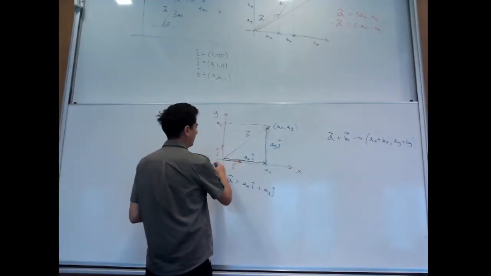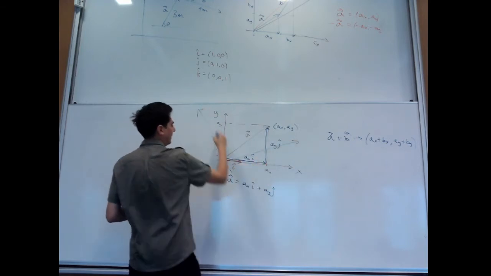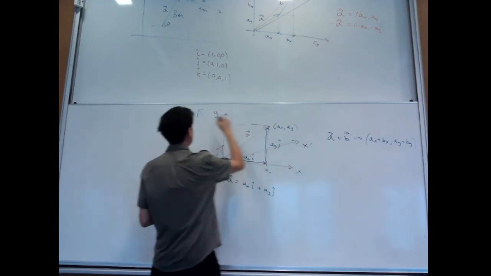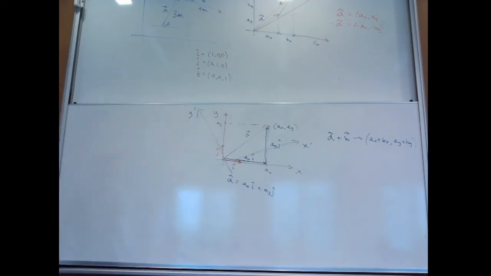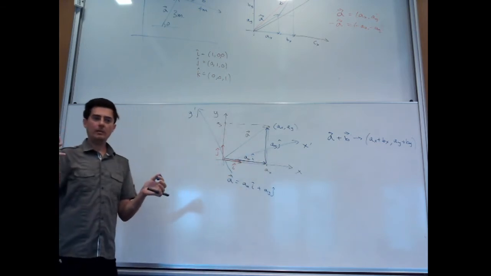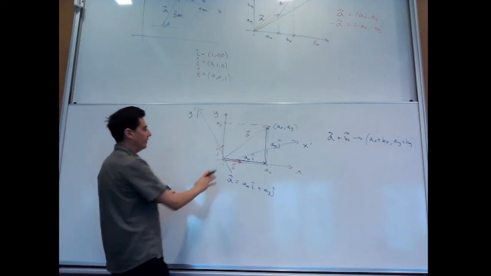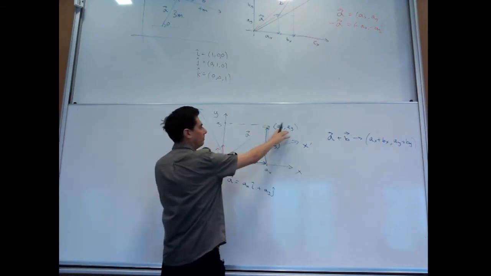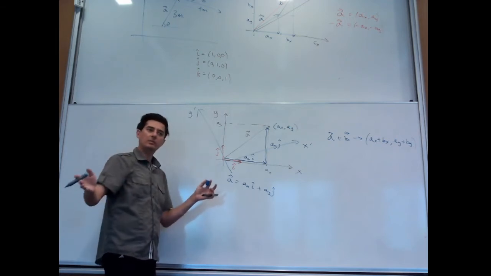What if I had different axes like this? It's going to get messy, but if that was x and this was y, sorry, x prime and y prime. Now, in my new coordinate system, or new viewpoint of this vector, obviously this would have different coordinates because I've rotated my coordinate system.